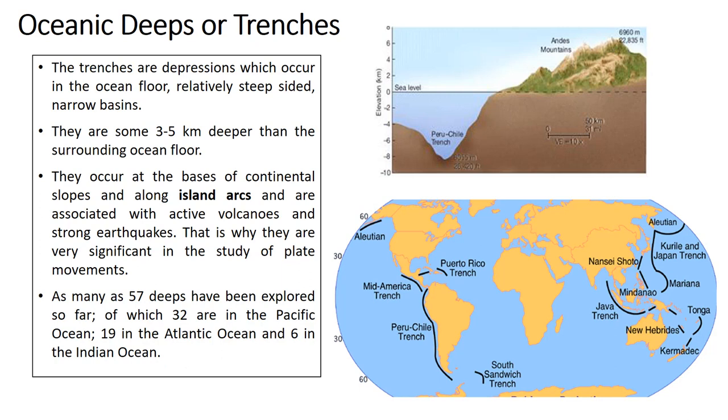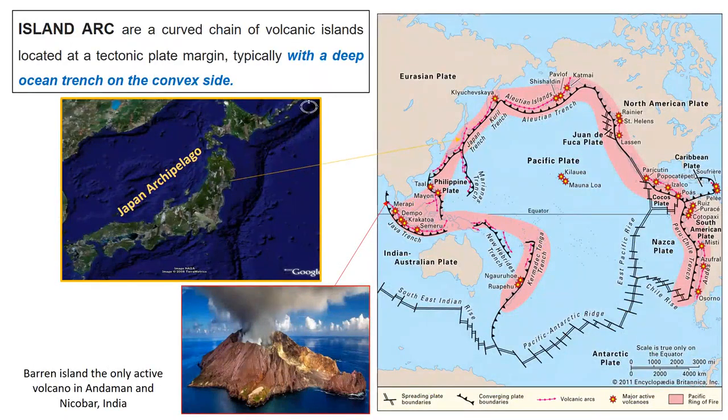What are trenches? They are depressions which occur in the ocean floor. They are also known as oceanic deeps or oceanic trenches. Oceanic deeps are associated mostly with the formation of island arcs.